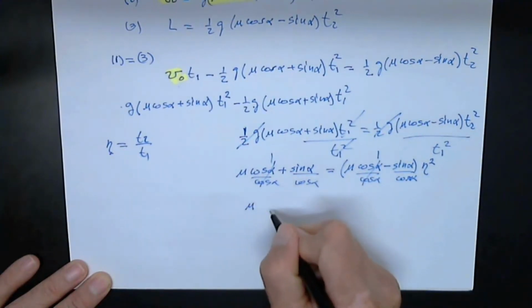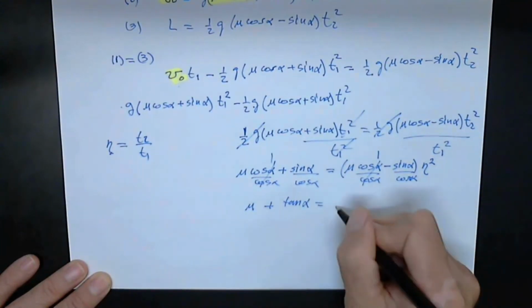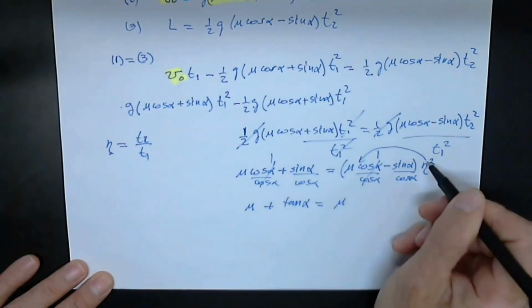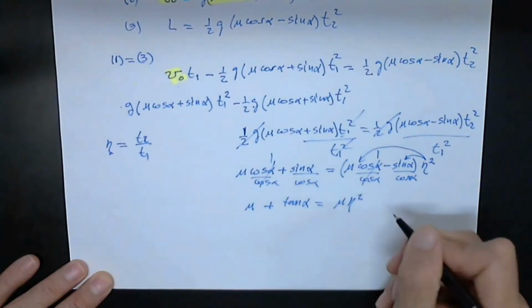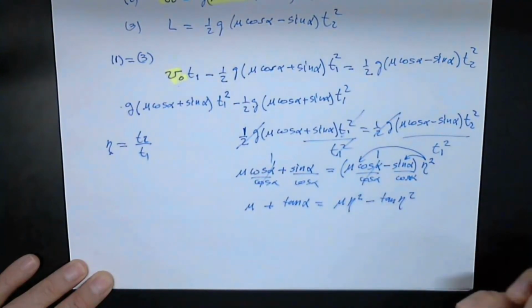So I got mu plus tangent mu, and I'm going to multiply now. Minus tangent mu square.